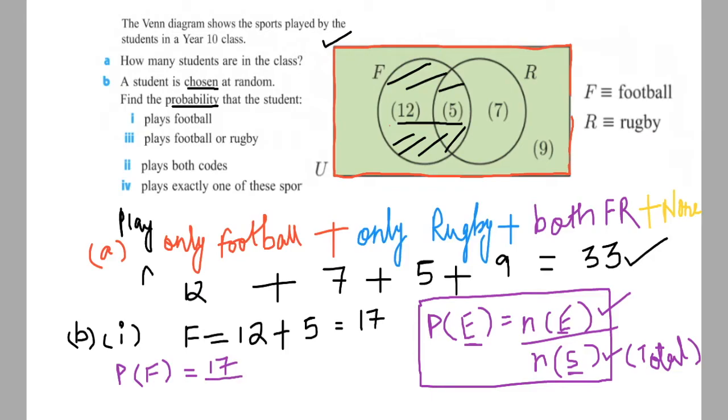That means the total possibilities or the entire universal set or sample space, which is 33 in our case. So this is your answer. You can find probability as a fraction or a percentage or decimal. Generally, this will be preferred for this kind of question.